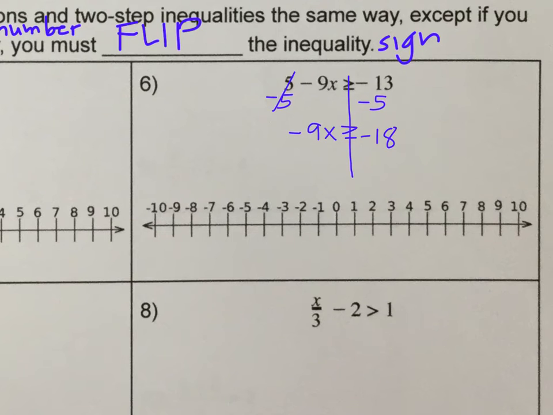Now we know that the negative 9 and the x are being multiplied, so we have to divide. When I divide by a negative number, I flip the sign. So an x is left on the left, flip it, less than or equal to negative 18 divided by negative 9 is 2. Closed circle, and it's going to go to the left.